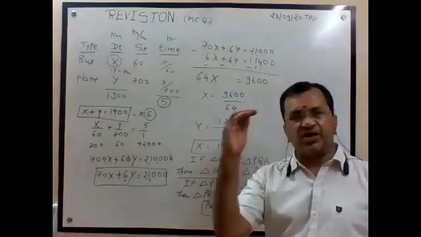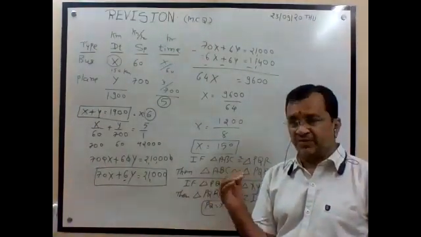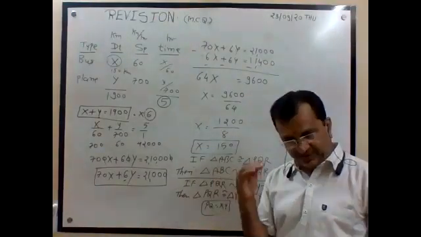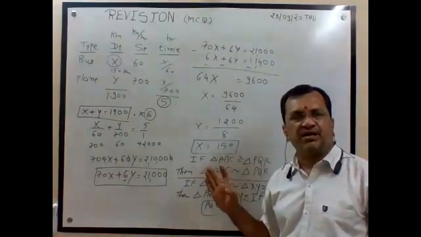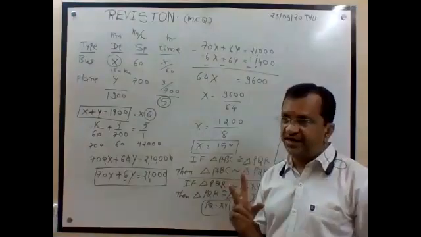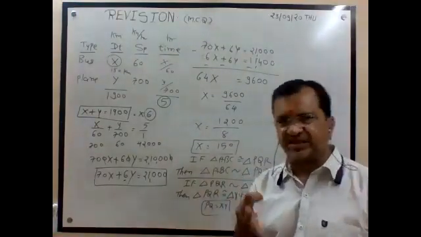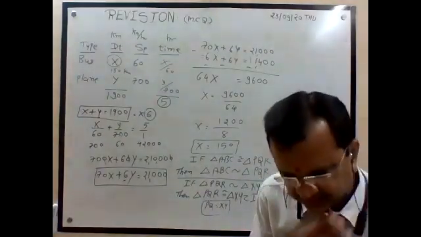But if it is congruent, you can say it is similar. But if it is similar, it is not always congruent. Here always it is similar. But when it is similar, it is not always congruent. It is congruent when at least one side is equal. Correct?